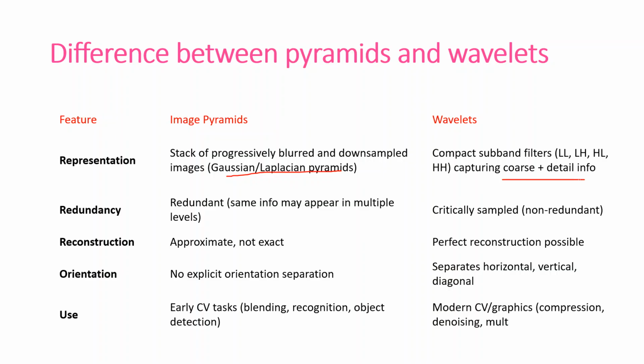In pyramids the reconstruction is not exact. When you reconstruct the image to the original, a wavelet will produce perfect reconstruction. On orientation, no explicit orientation is possible in pyramids, but in wavelets we can divide into horizontal, vertical, and diagonal representations. The image pyramid can be used in early CV tasks, and in case of wavelets, we can use them in modern CV tasks. Thank you.